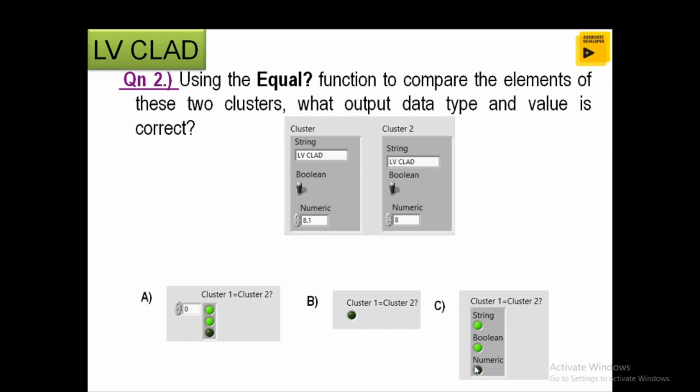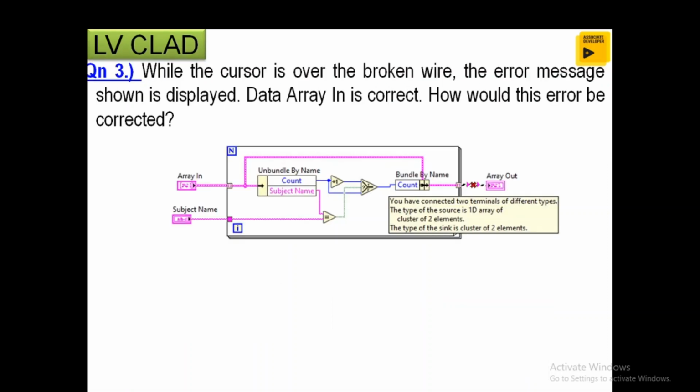Even though an array is there, it is not a correct output data type. Only a cluster becomes the output of that particular equal function.